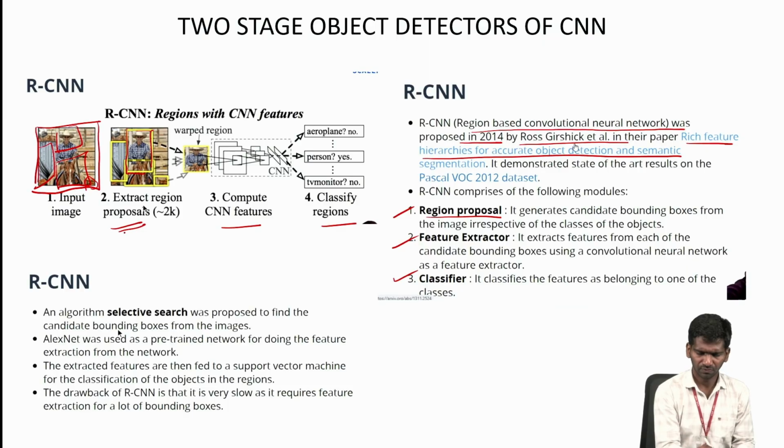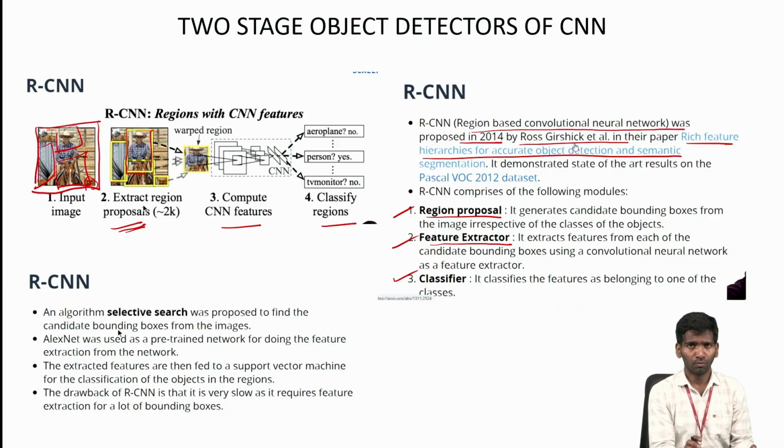So that is the very first region proposal layer. Then in the next step, what is it doing? Feature extractor. It is trying to extract features. What features? Eyes, nose, head. So what kind of category does it come under? This is an object, right? In the next stage, the features of this object are identified, how it is looking, and then we will classify it.